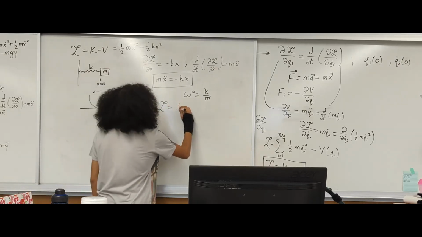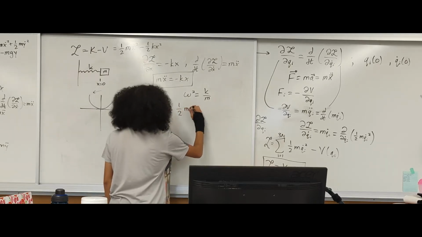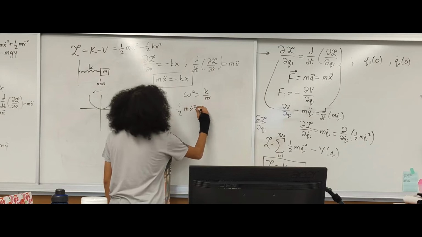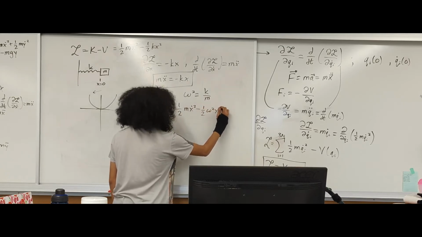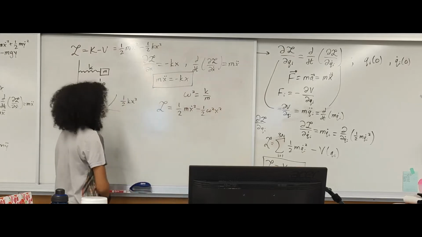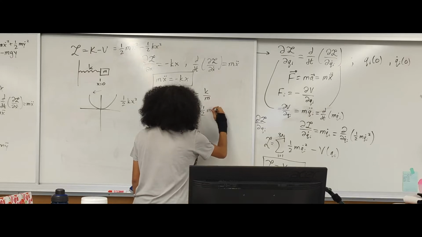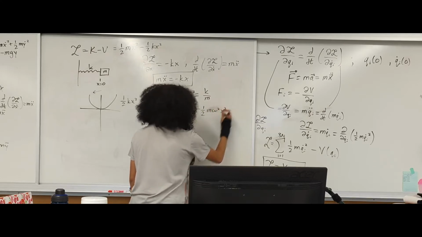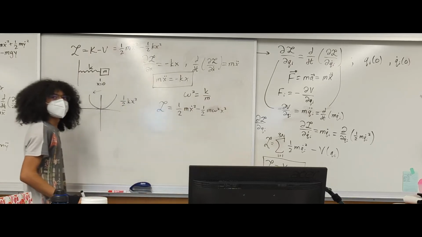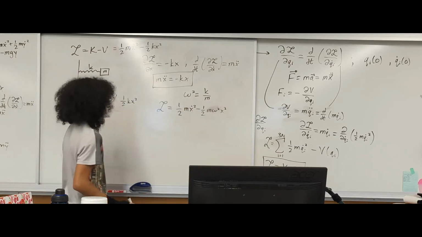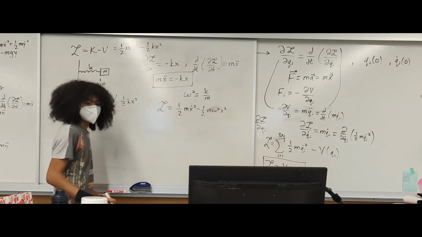So we can rewrite the Lagrangian as 1/2 m omega squared x squared, because m times omega squared is k. This is the form that people prefer to put this stuff into.